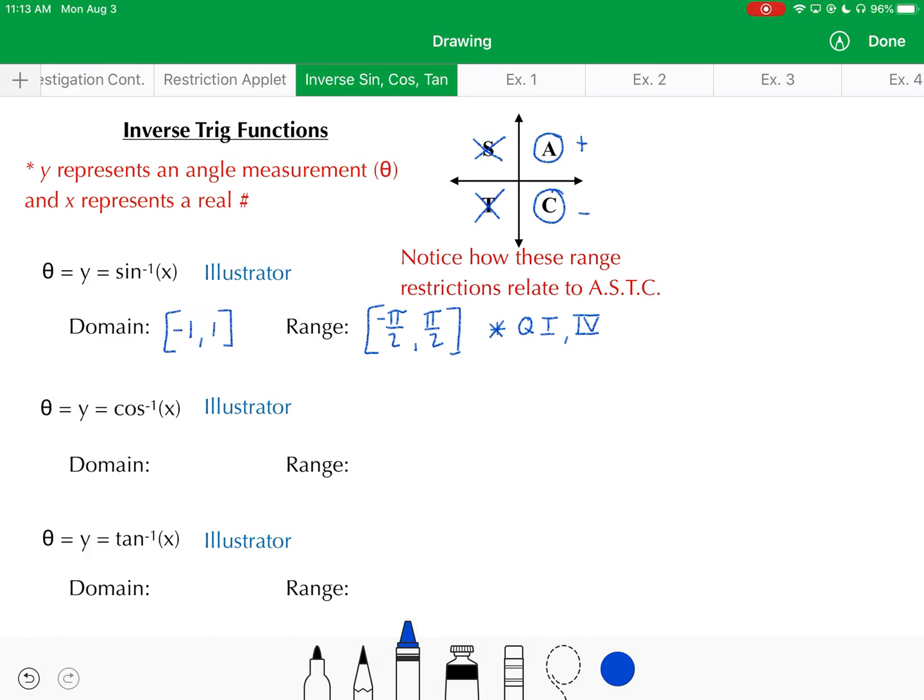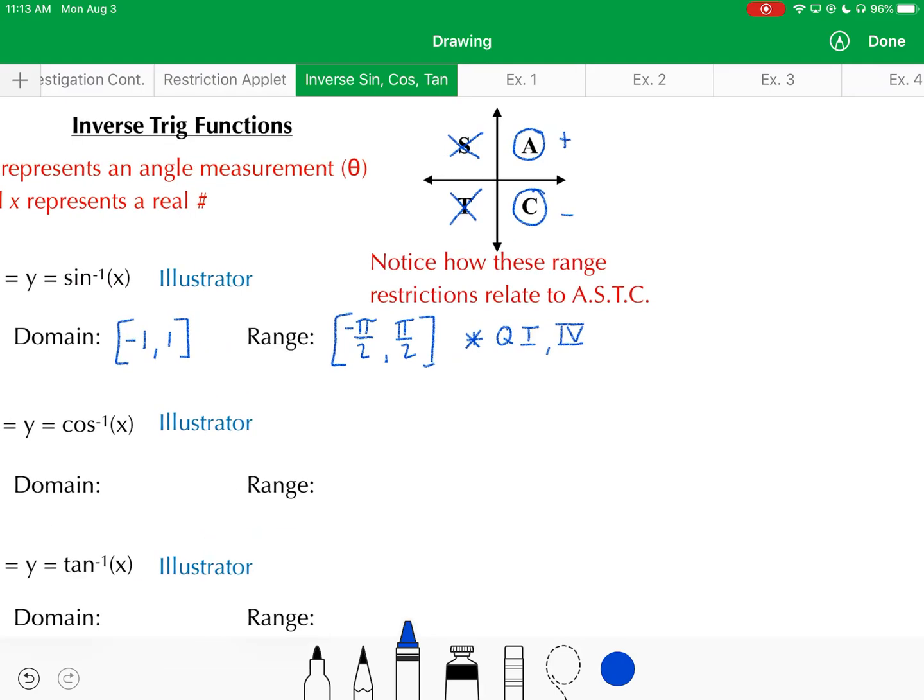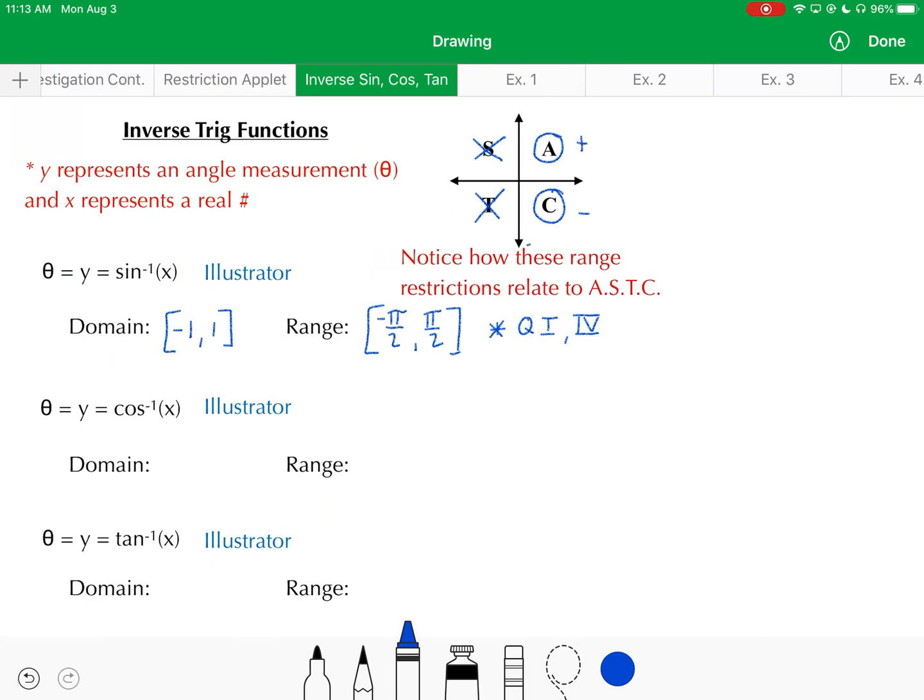Now, you might get confused as to why we have the fourth quadrant angles expressed negatively. Well, the reason for that is because you need to consider the inverse function. You want to consider it as continuous, okay? So you're continuous if you go from negative pi over 2 up to positive pi over 2, okay?